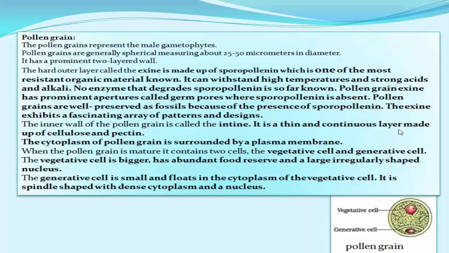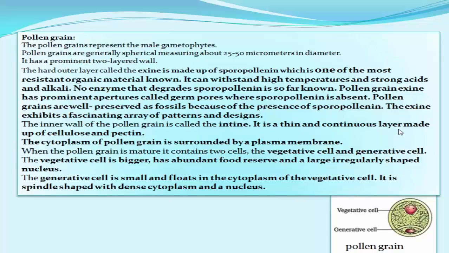And in some cases, the pollen grains are liberated or discharged at the three-celled stage. In this case, when pollen grains are liberated in the three-celled condition, it contains one vegetative cell, but the generative cell has already divided into two male gametes by mitosis.